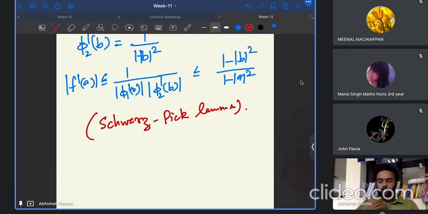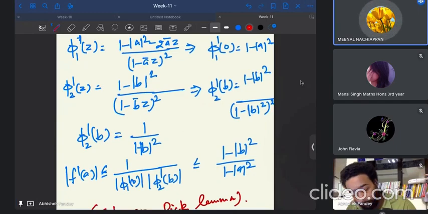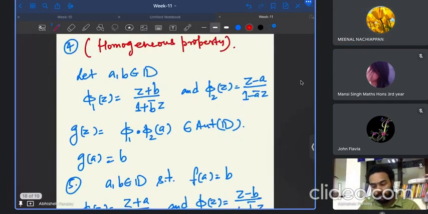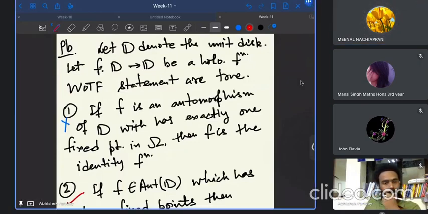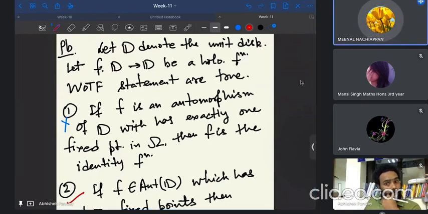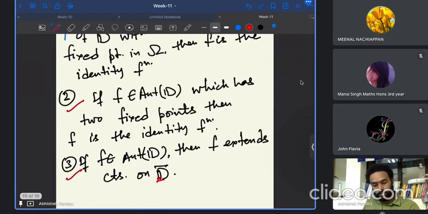Is it clear? The proof of Schwarz lemma is clear to everyone? Sir, in the first option, we have only one fixed point, no, sir? Yeah, it has exactly one fixed point. Then you have written one is wrong, but two is correct. If it has two fixed points, then it has to be the identity function.